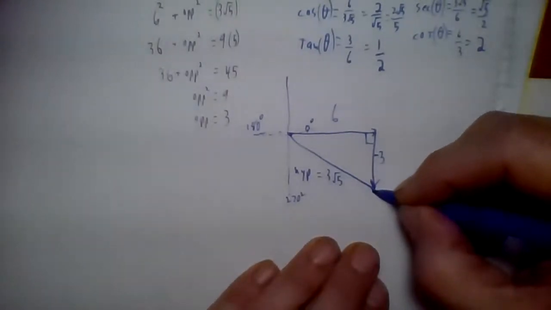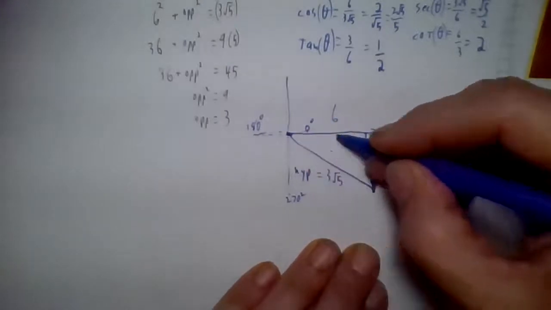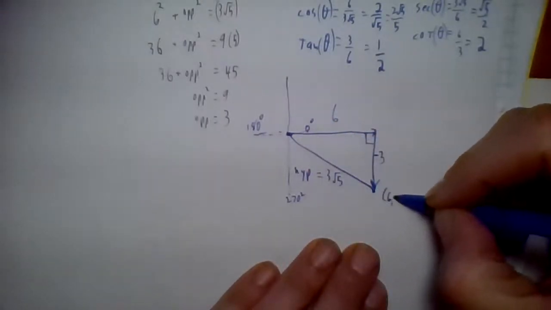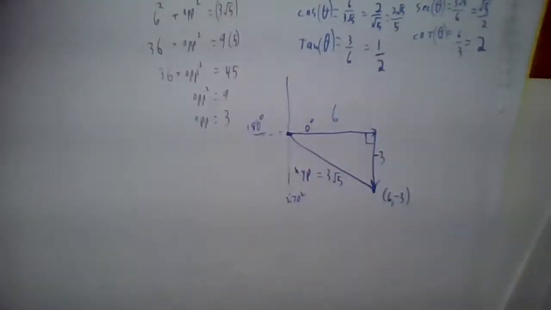With the coordinates of this point down here, if this is the origin, this is positive 6 and negative 3, the x and y values of this thing. And it's the same triangle, but including that negative sign tells me how it's positioned, and that gives me a little bit more information about it.